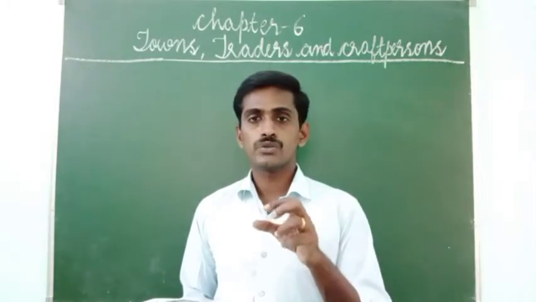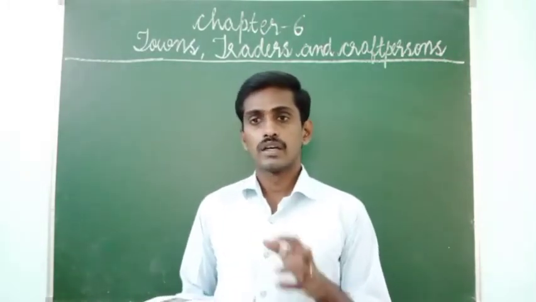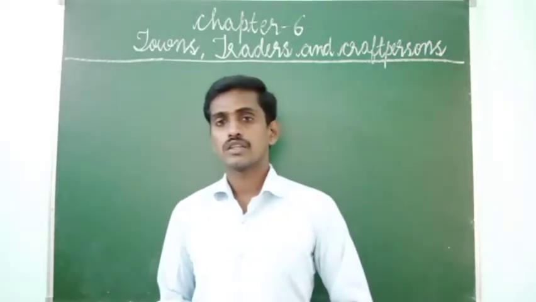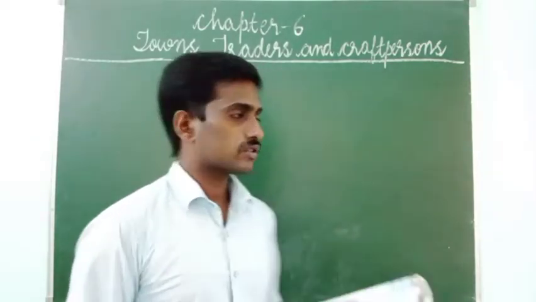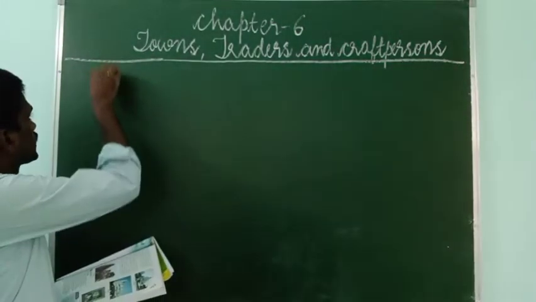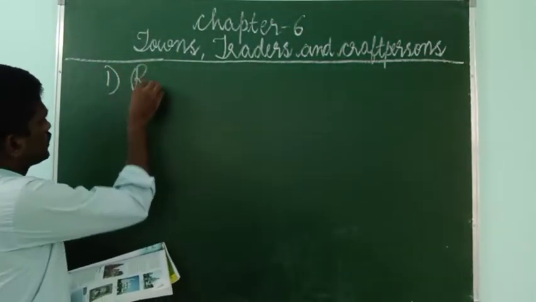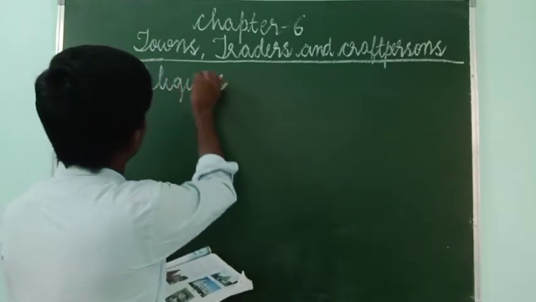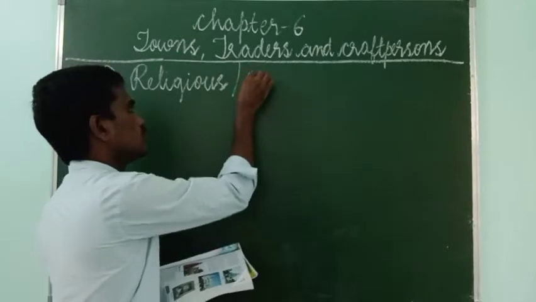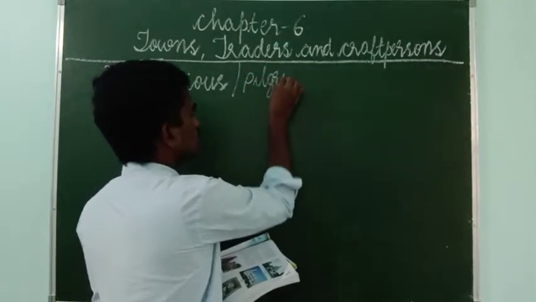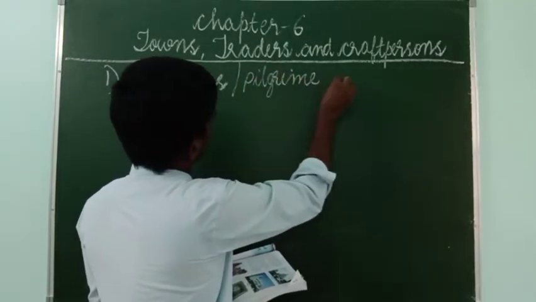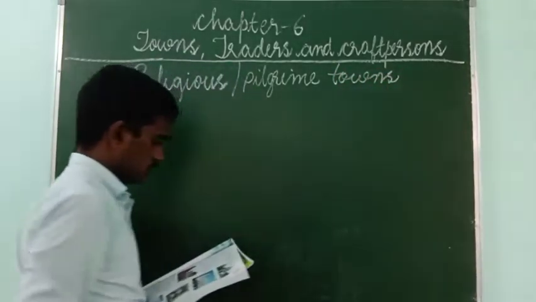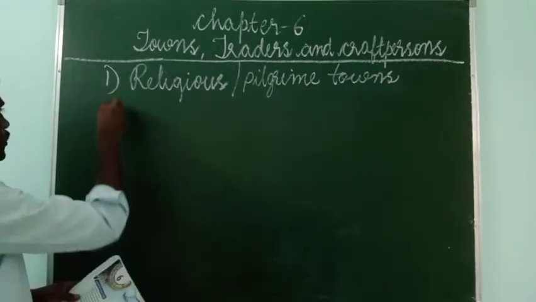Towns which grew can be classified as religious towns, trading towns, and capital towns. Towns can be classified into three categories: religious towns or pilgrim towns. Next one, trading towns.